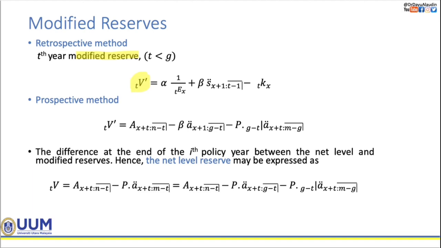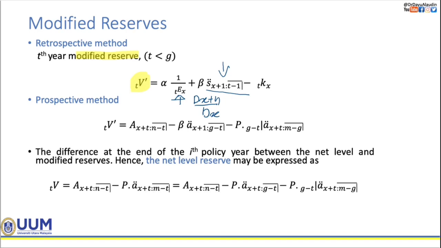And this is tE_x, which we learned in life insurance last semester. This is for pure endowment, where D_{x+n} over D_x in terms of commutation function. And this is the accumulated value. Because this is retrospective, we use the accumulated value.